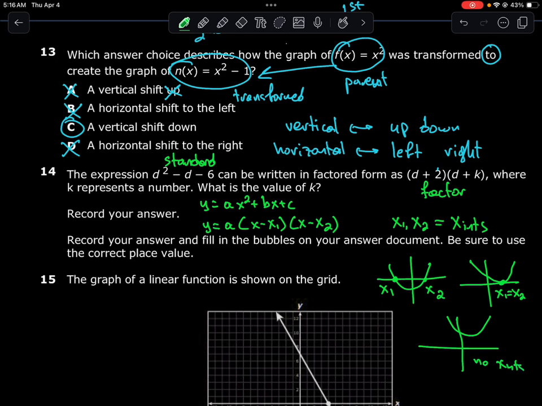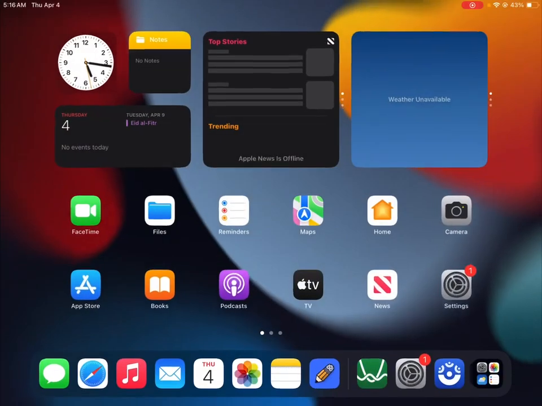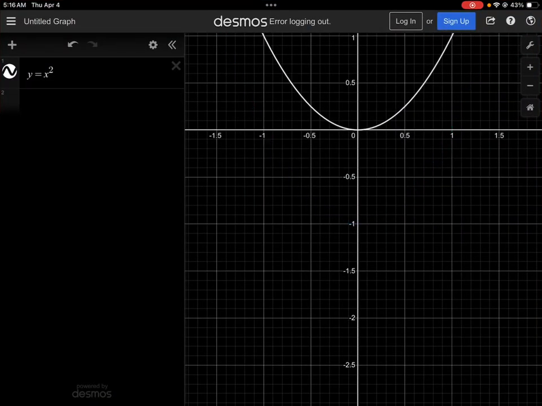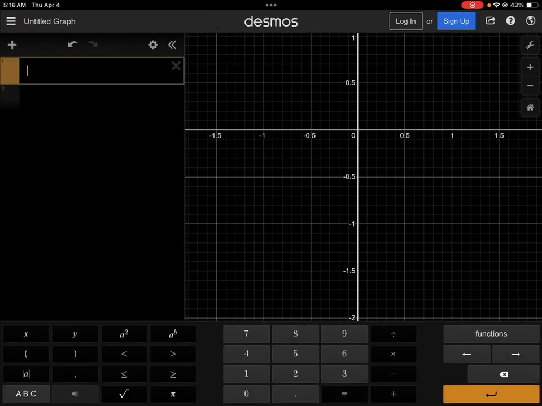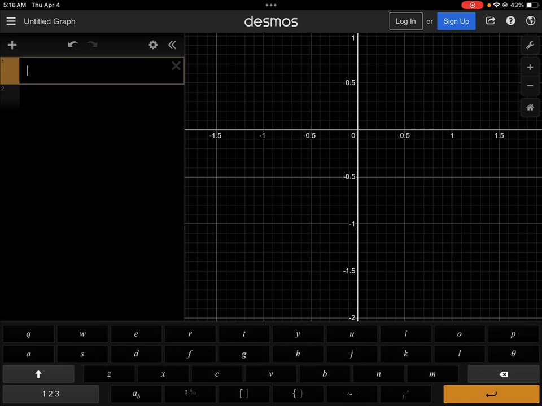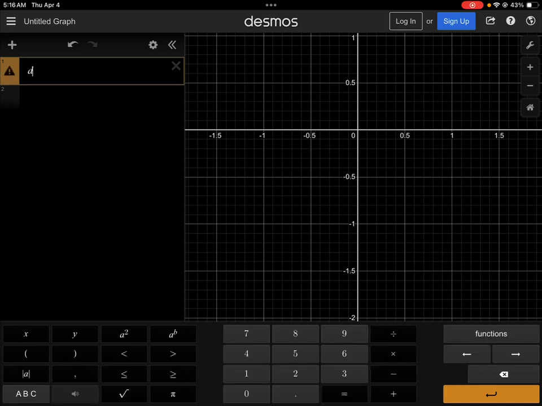Okay, so those are the pictures. But let's see how I'm going to do that. First of all, I'm going to plug this one into the graphing calculator, and I see it's d squared minus d minus 6, and I will write it exactly like that to avoid making a mistake.